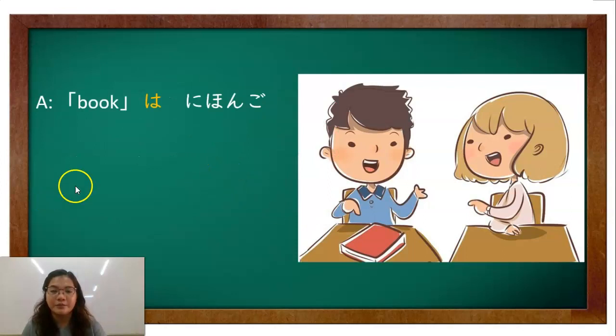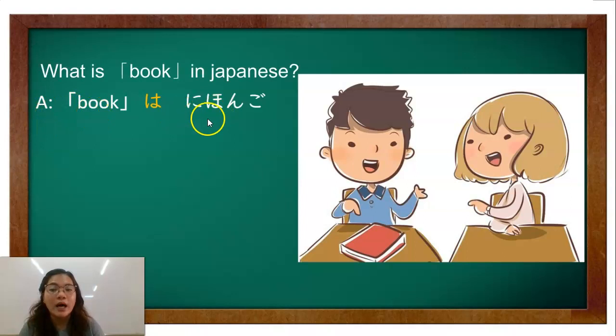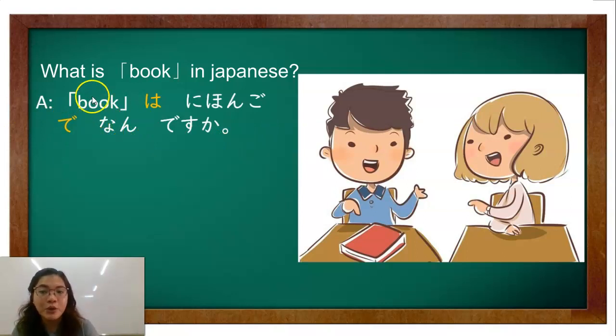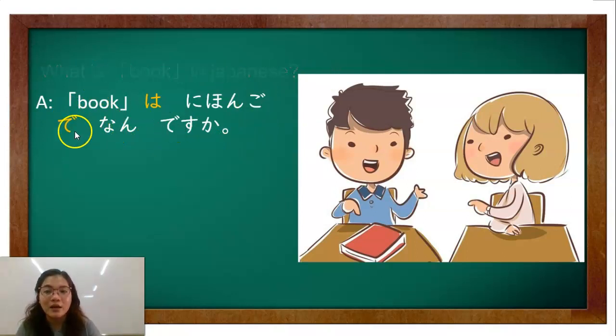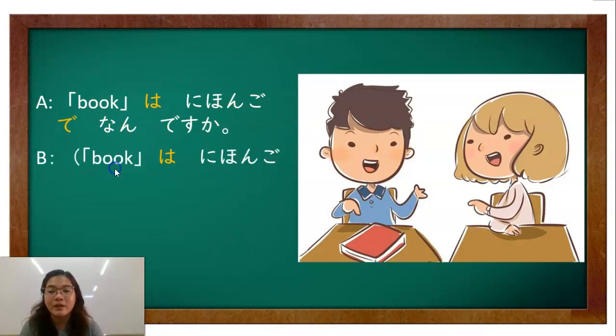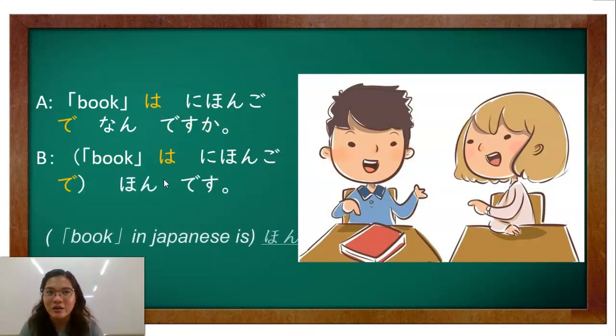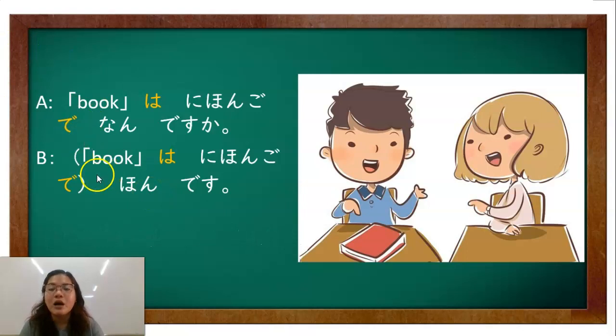For example, here is a conversation. Let's read it. Book wa nihongo de nan desu ka? What is book in Japanese? Book wa nihongo de hon desu. Book in Japanese is hon.